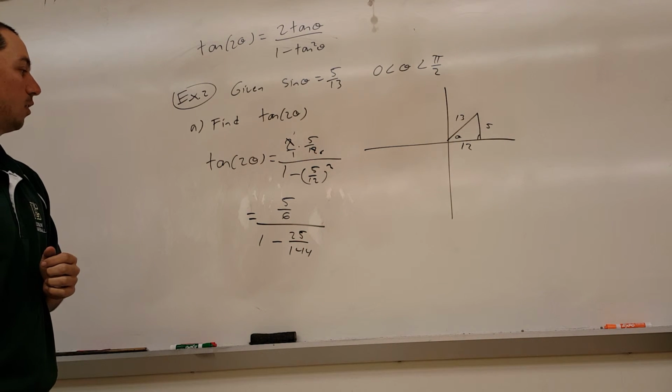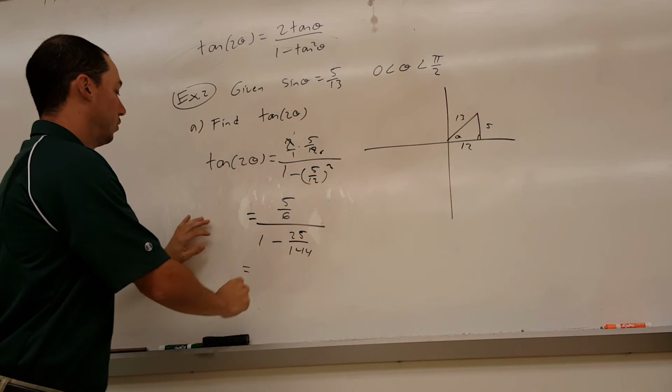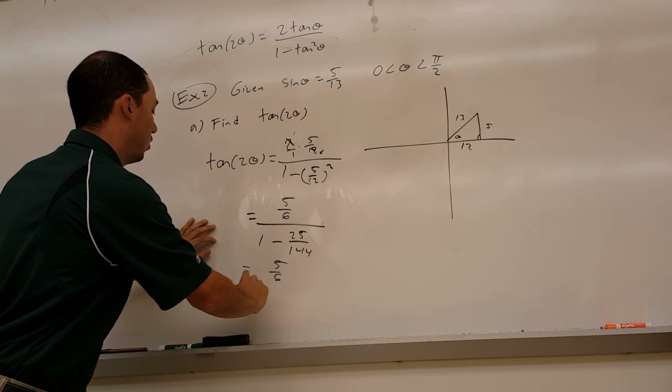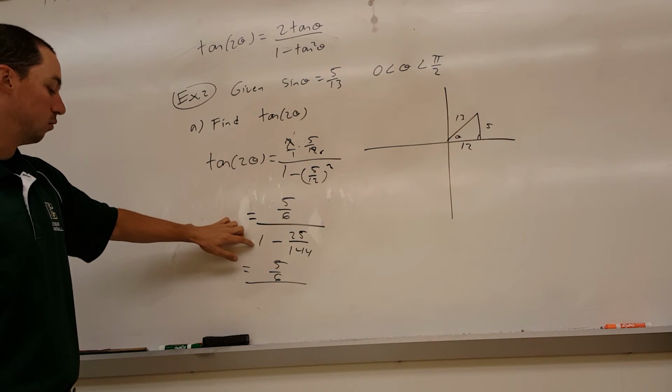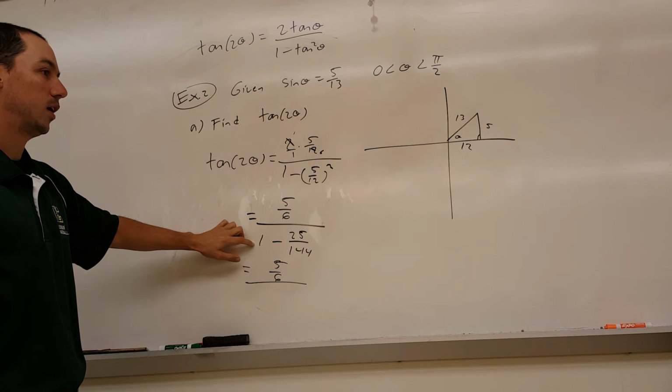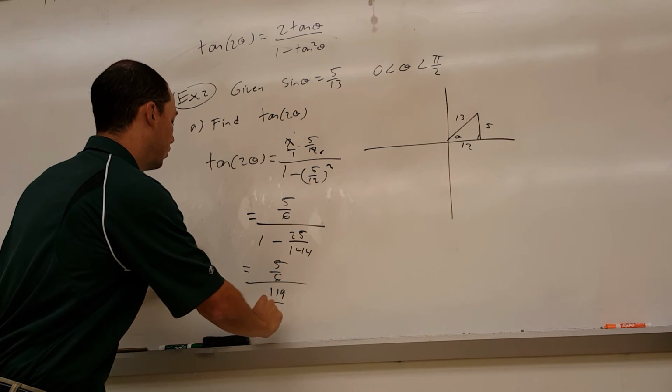Okay. 5 over 6 over, this is 144 over 144. 144 minus 25 is 119 over 144.